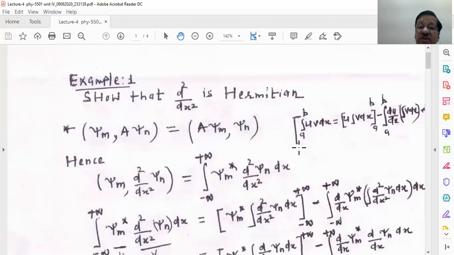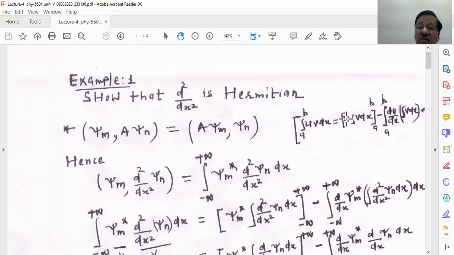So I wrote this law here. What is integration by parts? If you have two functions u of x and v of x, the integration of u times v with respect to x can be solved with the help of integration by parts.